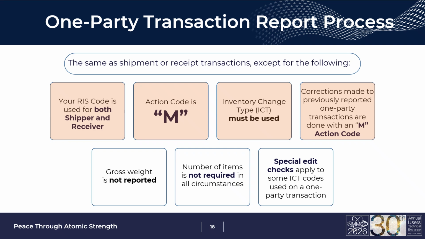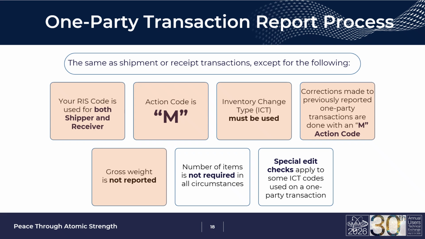Corrections made to previously reported one-party transactions are done with an additional Form 741 document using the M action code. There is not a unique action code representing a one-party correction, like we have seen for shipper and receiver Form 741 corrections. Note that the total gross weight found in the Form 741 header is not reported.